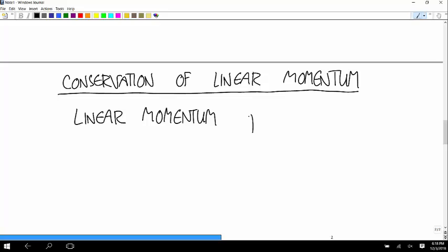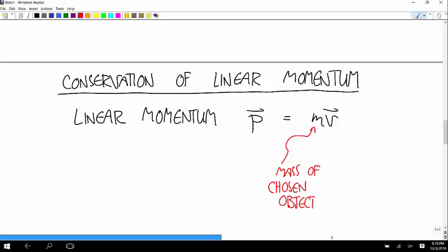I'm going to denote it as a lowercase p, which I'm sure is connected to the Latin word for this or something. It's a vector. So the linear momentum p is equal to the mass of the object that you're looking at times its velocity vector. So m is the mass of the chosen object, and v is the velocity of the chosen object.